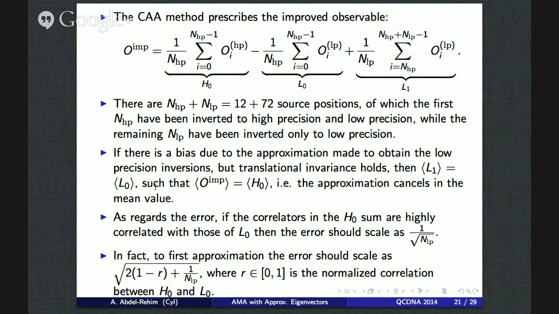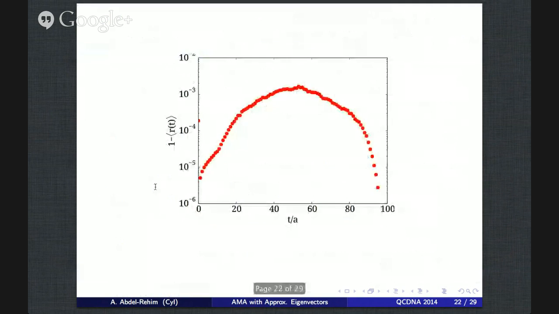We will take this for different quantities, basically the nucleon, the rho, and the pion masses, and we look at how they behave with this approximation. I will look first at the nucleon. This plot is 1 minus R, which shows how correlated my approximation is to the original.